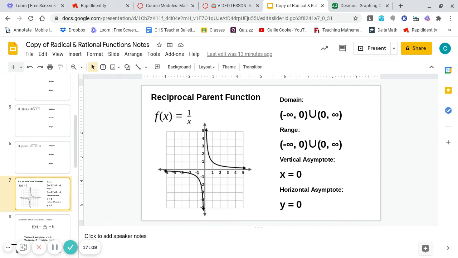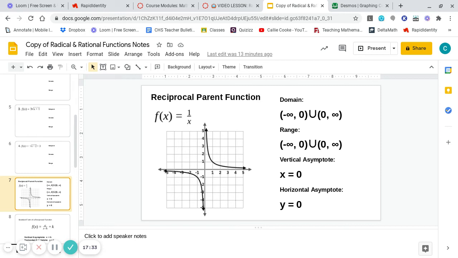We have these lines called asymptotes. An asymptote is like an invisible line. You can have a vertical line and a horizontal line, and the graph can't touch those. You can't touch an asymptote.